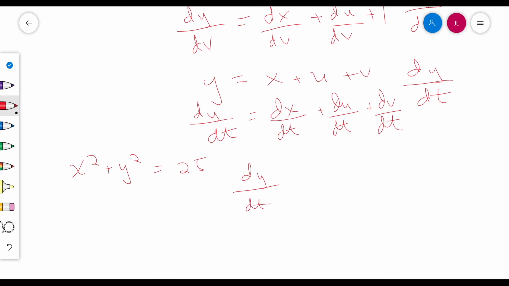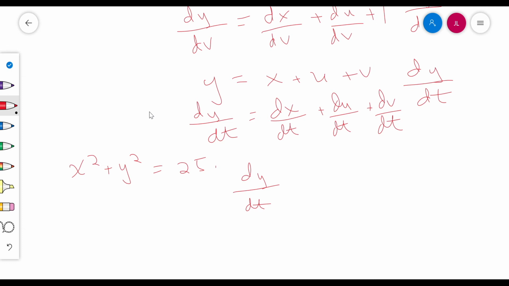Because think about it, x and y, as they're moving around this circle, remember this is the equation of a circle with a radius of 5. So think of x and y going around the circle, and they could go at different speeds. But those speeds must be related, because x and y are just points on the circle. So you could actually think of it as an equation relating to some kind of arcade game.